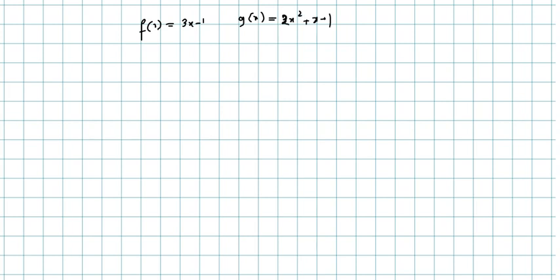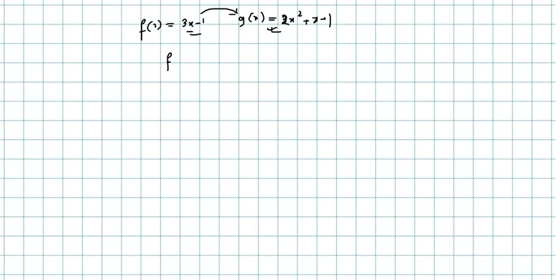So what can we write now? We can pass this function 3x minus 1 directly to g of x. Because we are taking the output of f of x and putting it into g of x, instead we can pass the whole function as the input for g of x.